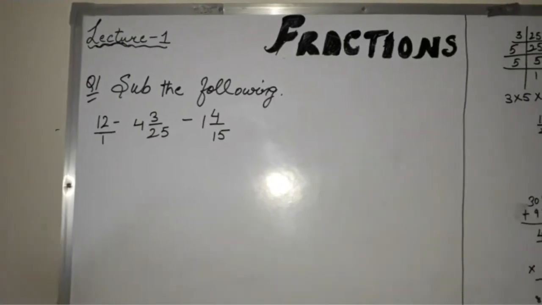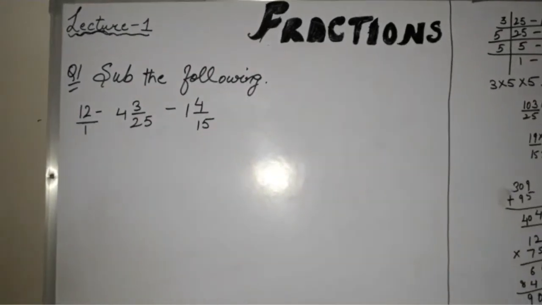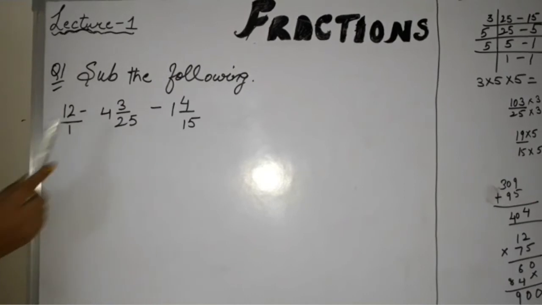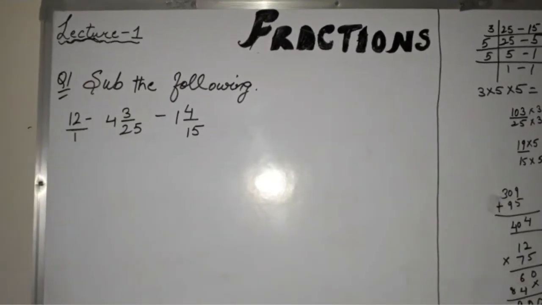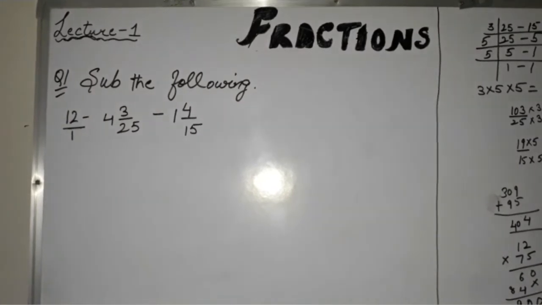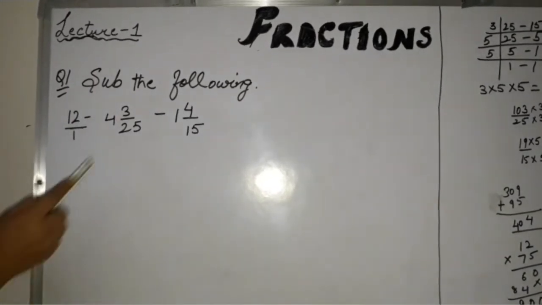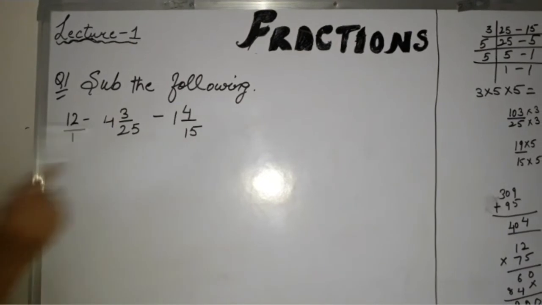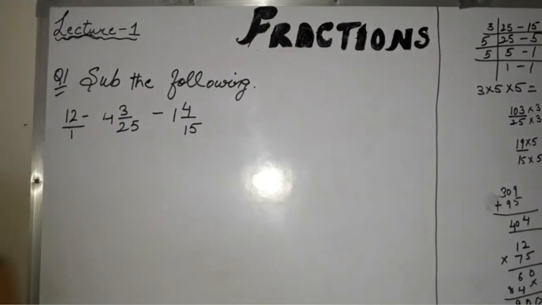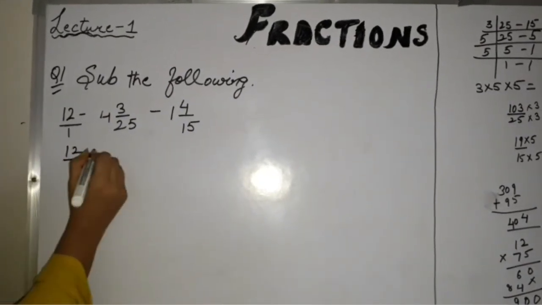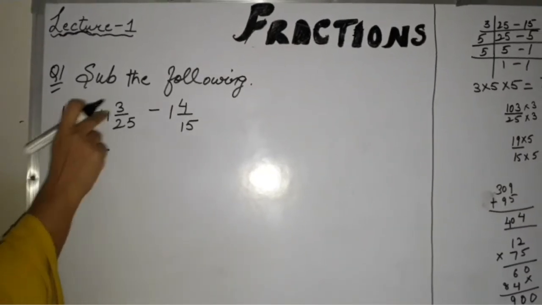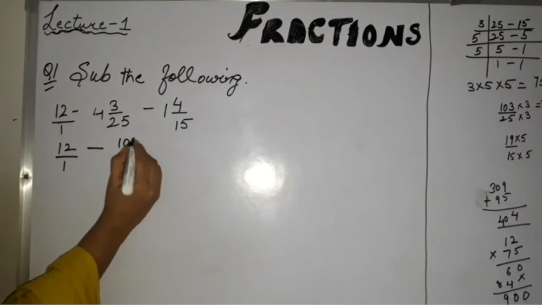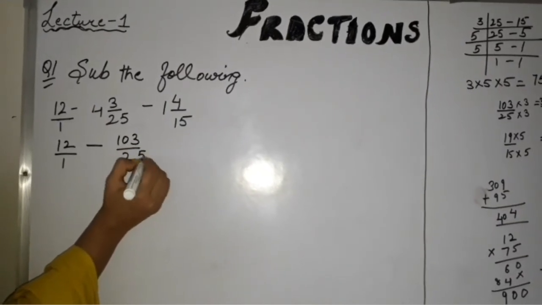Now, as you can see, the next question is a subtraction: 12 upon 1 minus 4 3 upon 25 minus 1 4 upon 15. Firstly, I will change my mixed fractions into improper fractions, and I get 12 upon 1 minus, 25 multiplied by 4 is 100, 100 plus 3 becomes 103 upon 25.